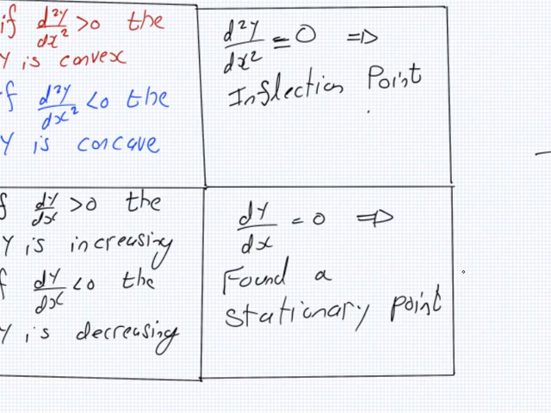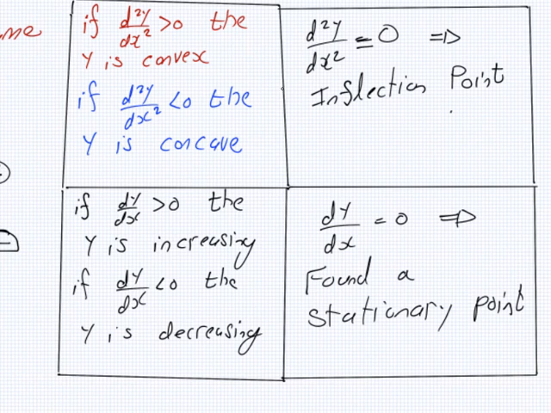So we're doing a lot of theory. We'll get to some examples in a moment, but before we continue, I just really want to point out the direction of this arrow. This is not this way. What I mean by that is, if the second derivative is 0, then we have an inflection point. But we could have an inflection point where the second derivative isn't 0.